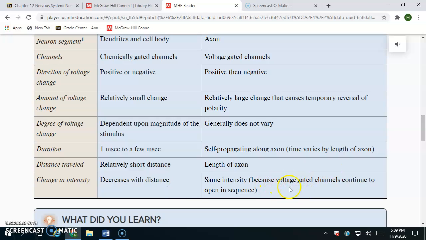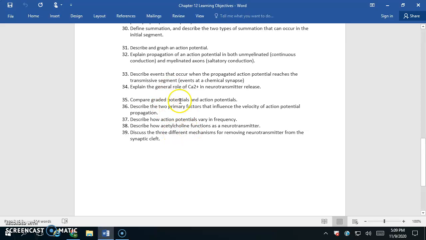When it comes to the action potential, the voltage-gated channels get opened, and all the sodium comes in and flows in the same amount each time. So the intensity is the same throughout that process. So those are our similarities and differences between graded potentials and action potentials that you should be familiar with.